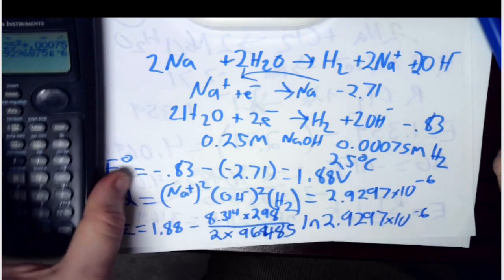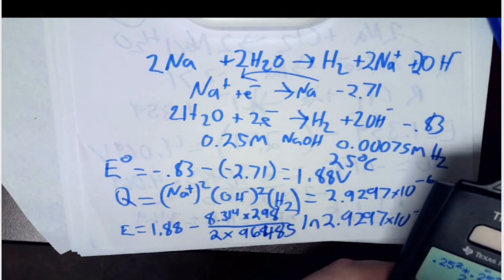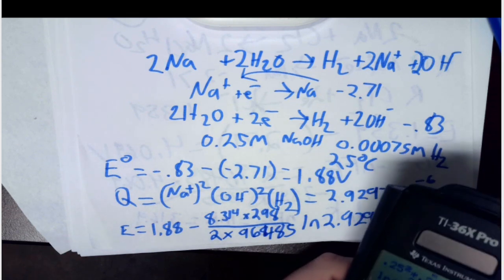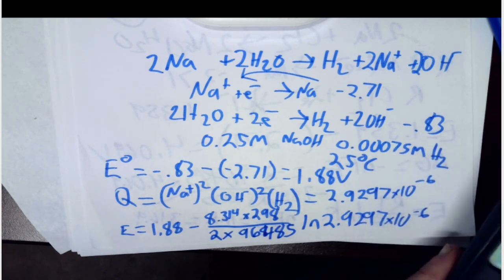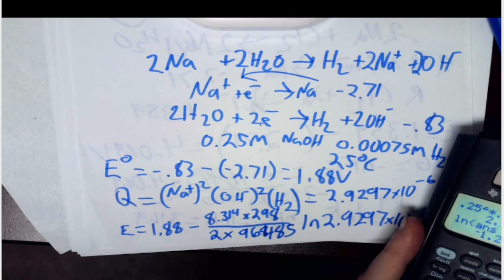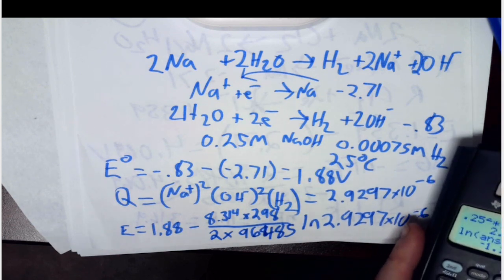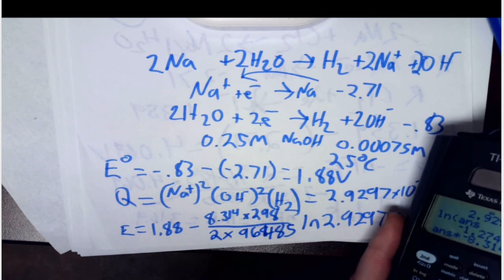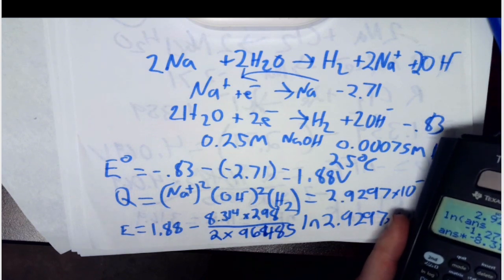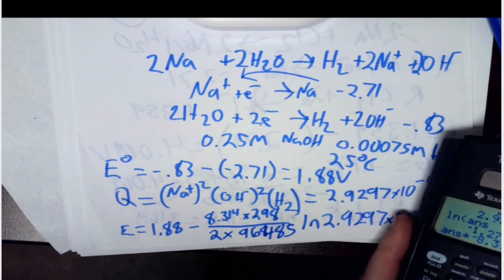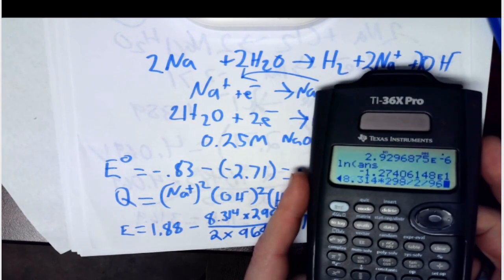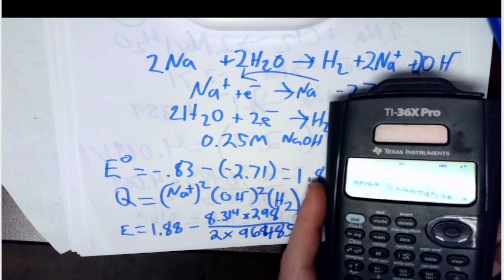So let's start with the natural log of that, times negative 8.314 times 298, divided by 2, divided by 96485.